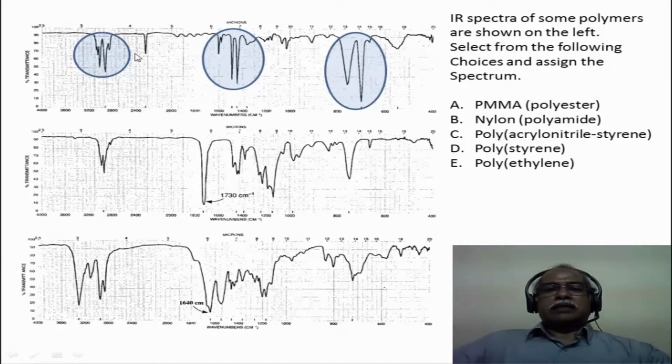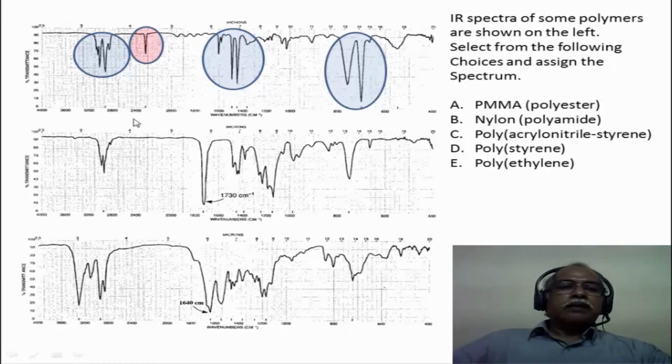So, these are the prominent features. In fact, polystyrene will fit in this particular system, but look carefully at this band which is coming around 2200 or so. It corresponds to probably a nitrile kind of functional group.